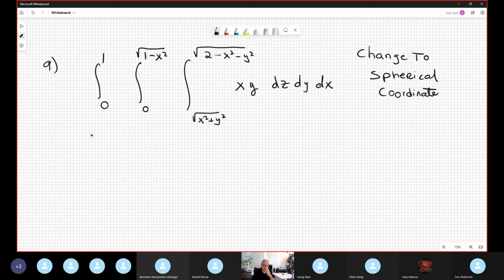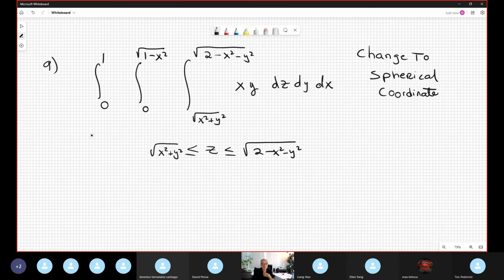Therefore, it's obvious that this is z value and this is z value. So basically, you can express it like inequality. z varies from square root of x squared plus y squared to square root of 2 minus x squared minus y squared.